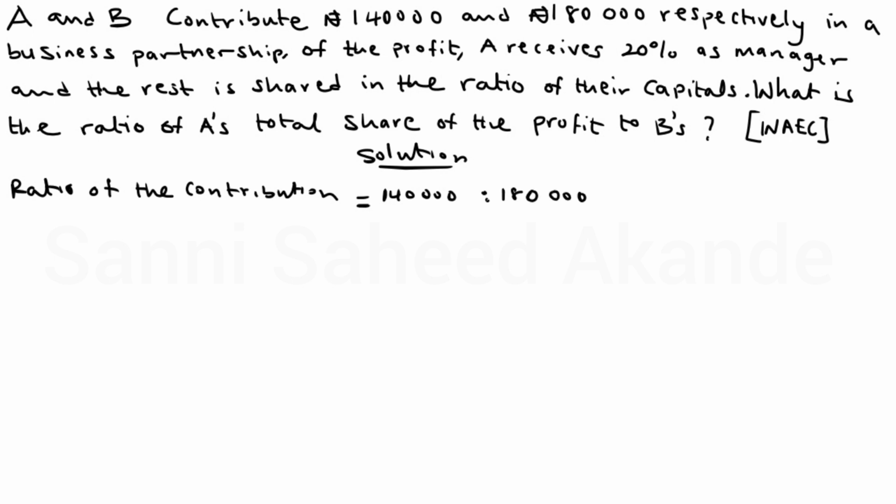Understood? If you change this to a fraction, we have 140,000 divided by 180,000 naira. When you divide this, you get 7/9. So let's take it back to ratio. We have 7:9. This is the ratio of their contribution.